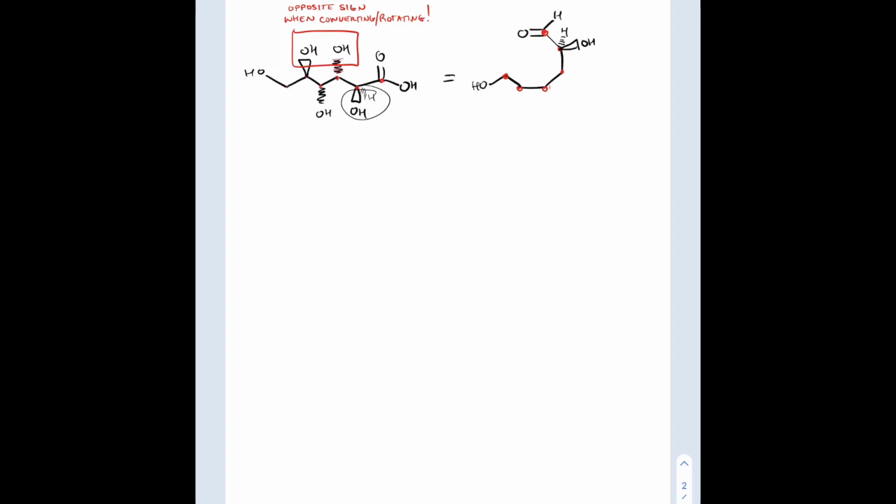This is going to take some proving to yourself, maybe with a modeling kit or something. But when you have an OH projected up and then you rotate that bond, it's now sticking out at us, right? And so I'm going to label both OHs that are squared in red on my new pseudo ring structure.